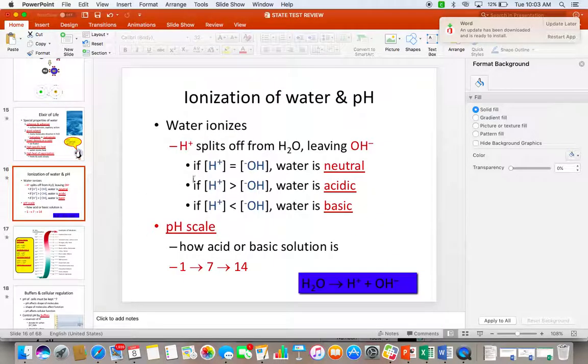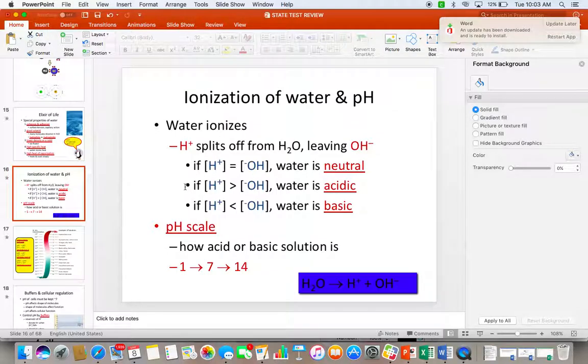Okay. When we look at pH, water is a neutral substance, and that means that water has exactly the same amount of hydrogen ions and hydroxide ions. If you have the same hydrogens and hydroxides, your solution is neutral. But when we add other things into water, we can change the pH.